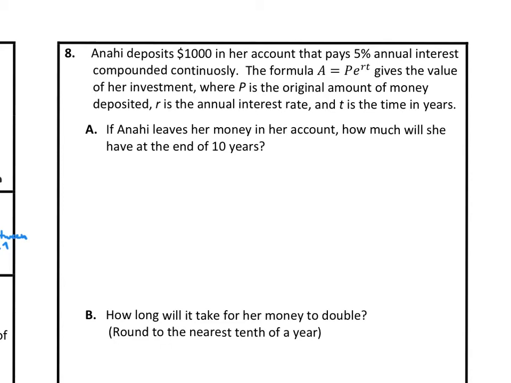Let's see the question. If Anaí leaves her money in her account, how much will she have at the end of 10 years? Okay, so far we know the time frame, t is 10 years.